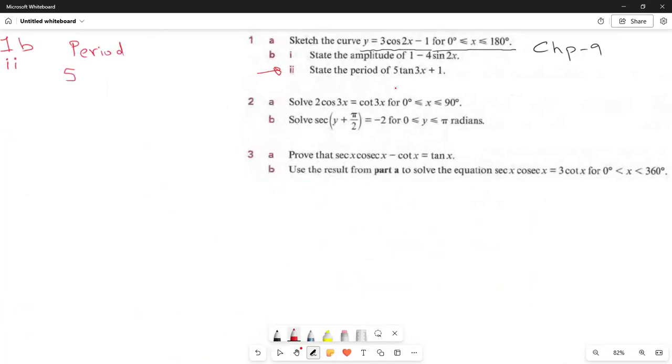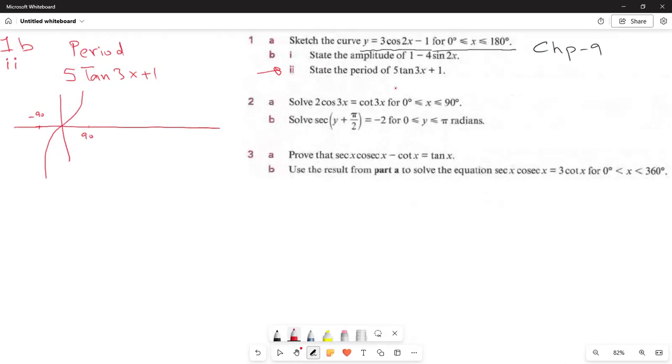of 5 tangent 3x plus 1. This time I'm interested in the x direction on the plot. Remember, tangent x goes from 90 to minus 90. So this is 90 and this point is minus 90.